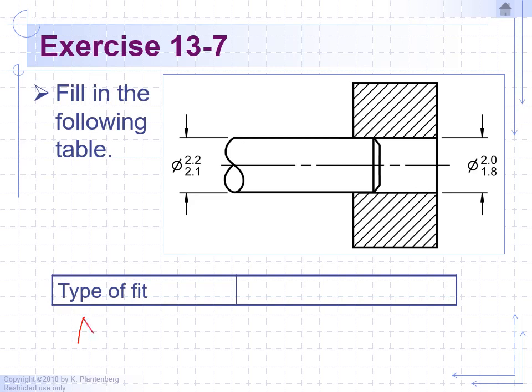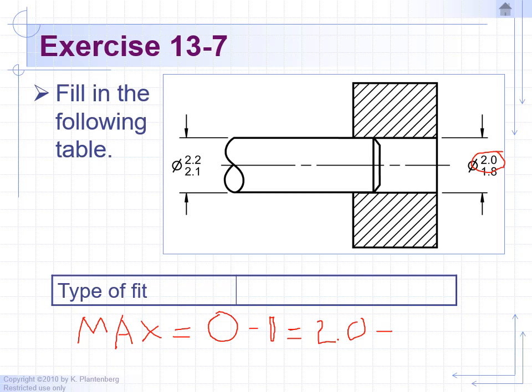So to do the maximum clearance, from the previous slide, we learned that you take the largest hole minus the smallest shaft diameter allowed. Okay, so the largest hole allowed is 2.0 diameter, so it's 2.0.